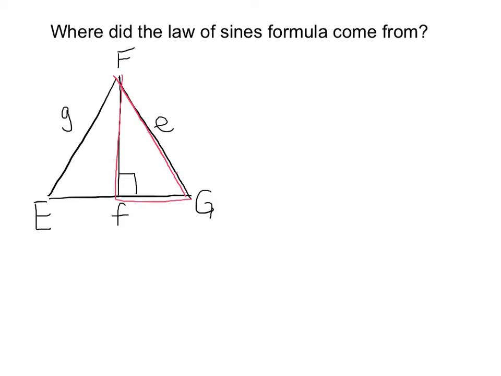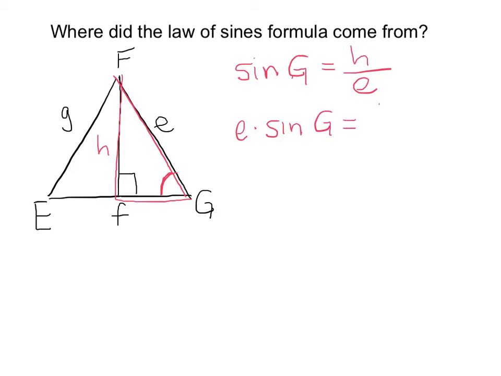So if we use angle G right here, we know that sine of angle G is equal to, let's call this H for height, the height over the hypotenuse, which is E. And if we want to solve for the height, H, we can multiply both sides by side E. Those cancel, and now we get E times sine of G is equal to the height.